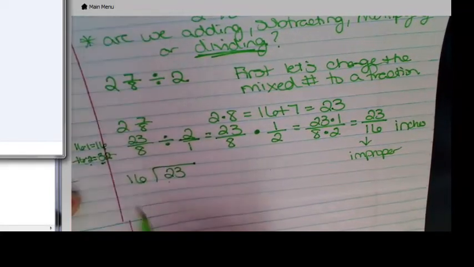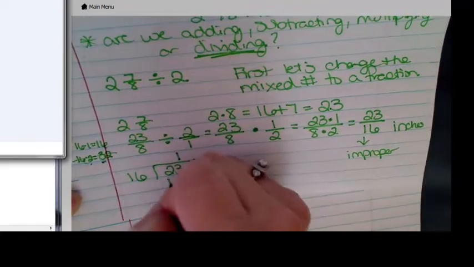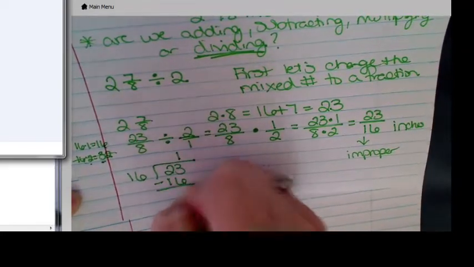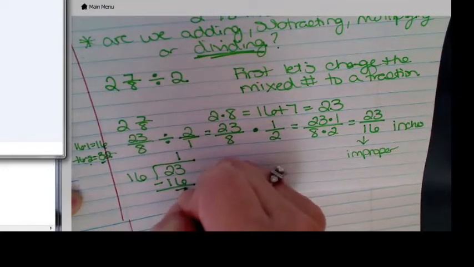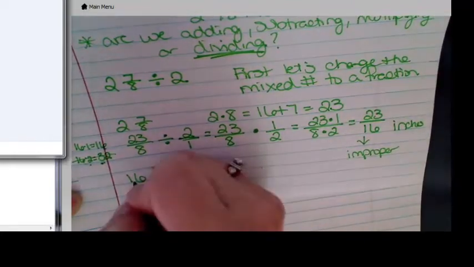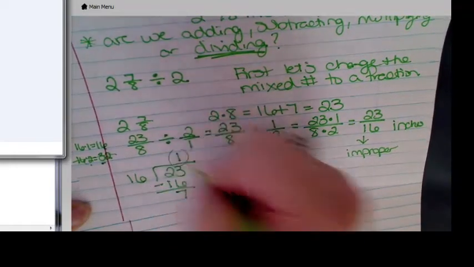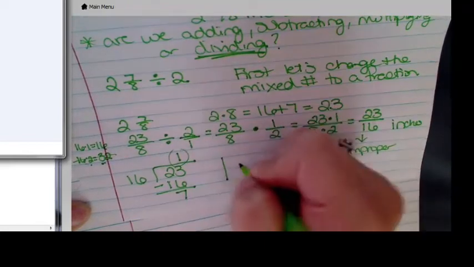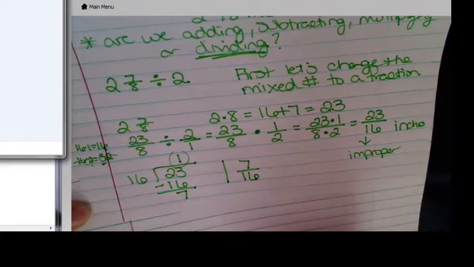So we just need 16 times 1, which is 16. We're going to subtract that out of our 23, which will leave us with 7. And then does 16 go into 7? No, 16 is bigger than 7. So here's our whole number, 1. And then we're going to put the 7/16. So this is our final answer.